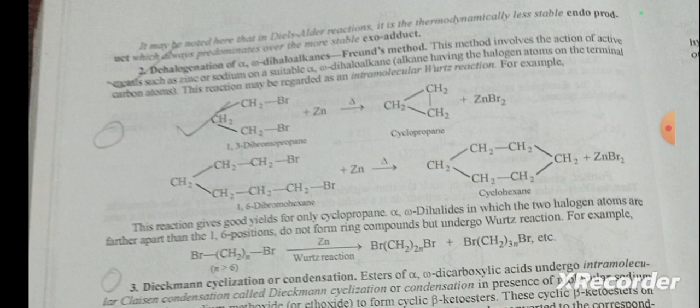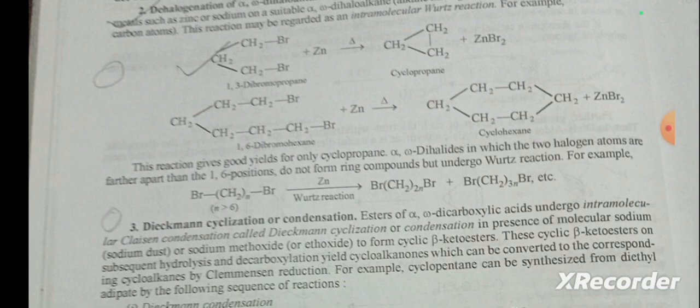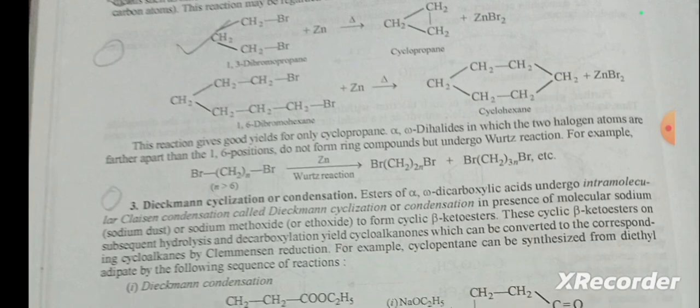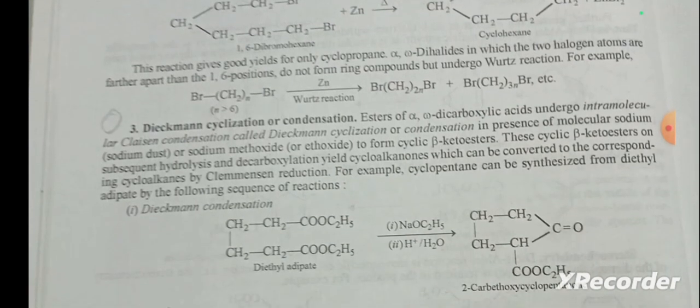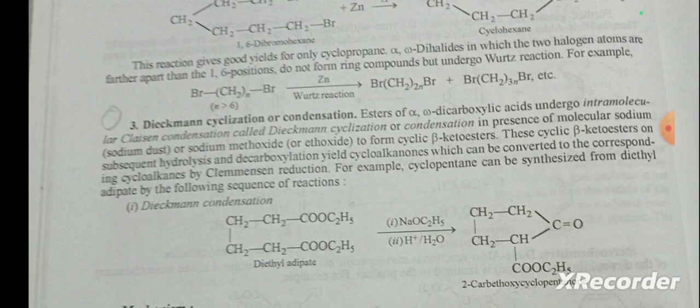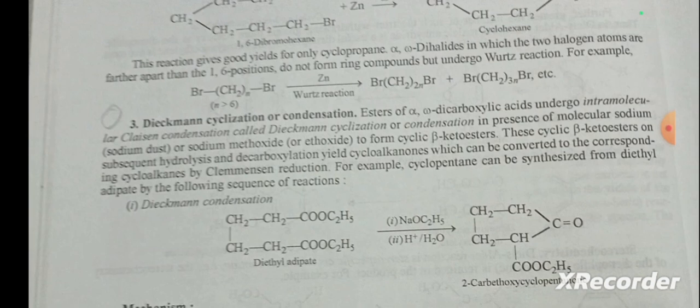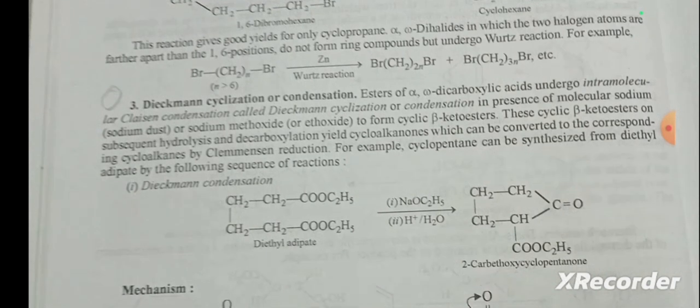For example, 1,3-dibromopropane heated in the presence of zinc gives cyclopropane plus ZnBr2. This reaction gives a good yield only for cyclopentane. Alpha, gamma dihalides in which the two halogen atoms are further apart than the 1,6 position do not form ring compounds but undergo the Wurtz reaction.